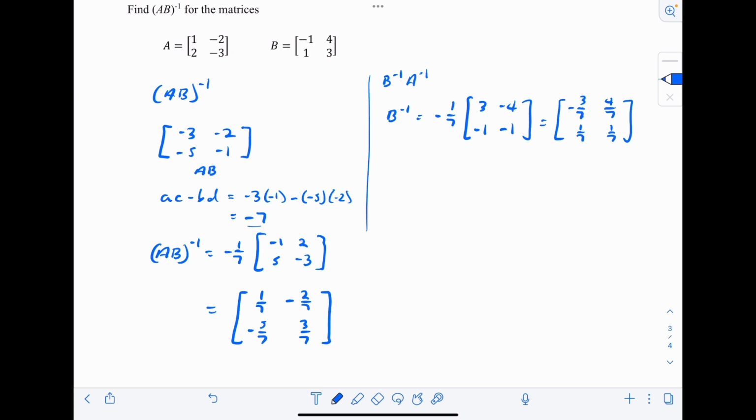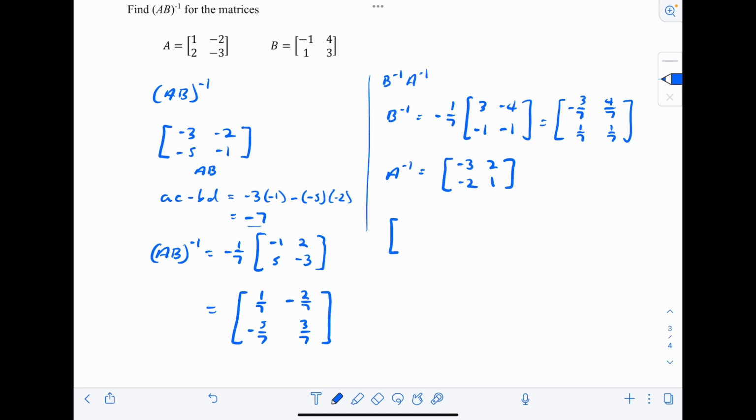And then A inverse. In this case, if I multiply and subtract the diagonals, I have -3 plus 4 is +1. So in this case, we're just going to have to do the switching around. So -3, 1, and then +2, -2. Okay, now if we multiply those together, I'm going to take B inverse times A inverse.